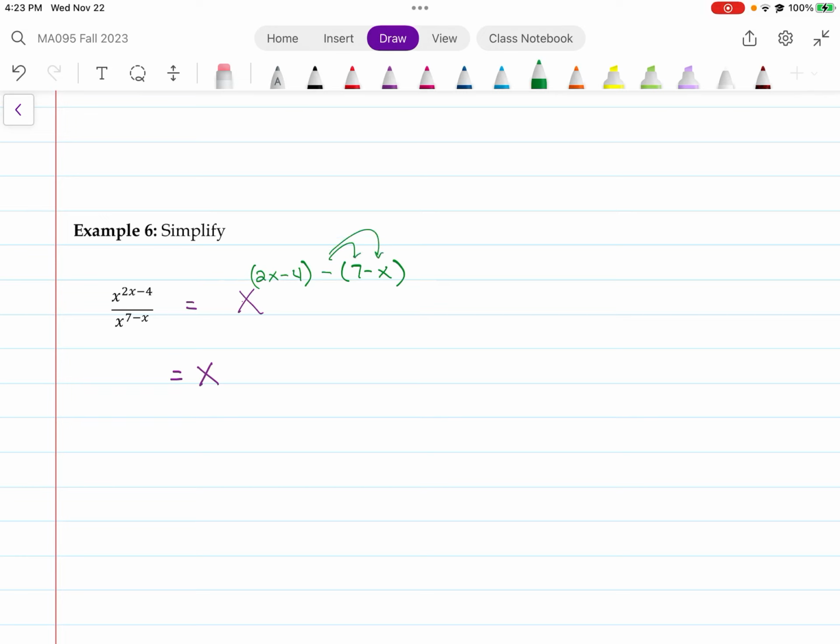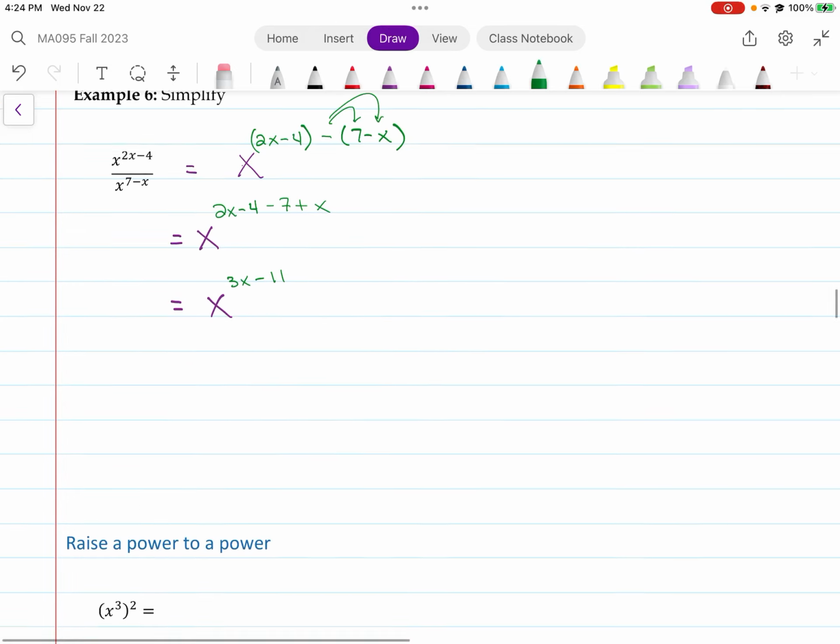And I would recommend not skipping this step. So we've got 2x minus 4, and then minus 7, and then minus a negative x is plus x. All right, so this becomes x to the, what do you think? So we've got 2x plus x is 3x, and negative 4 minus 7 is minus 11. And that's our final answer.